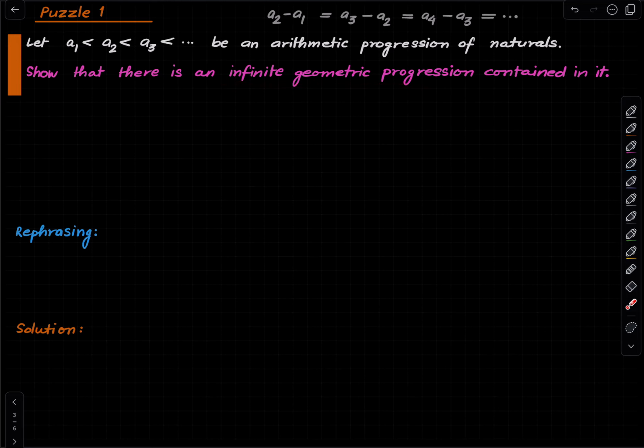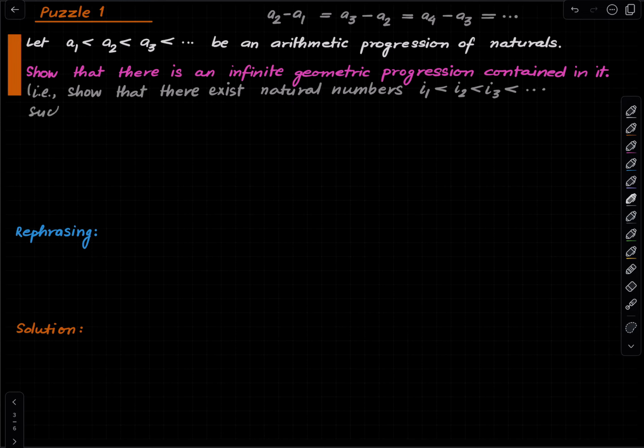To be very, very formal and precise, what we are asked to show is the following. We are asked to show there exist natural numbers I1, I2, I3 and so on, such that AI1, AI2, AI3 and so on are in a geometric progression.